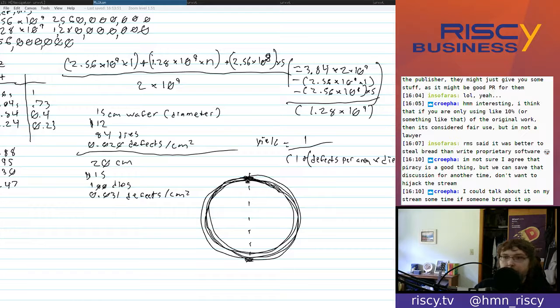I mean, the way they run dies out, the edges get cut off, but then only the full dies count towards the die total.